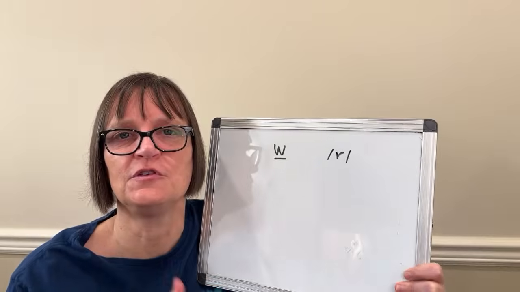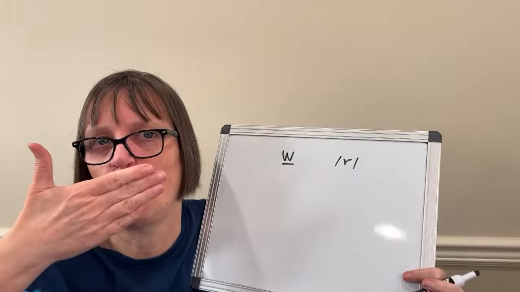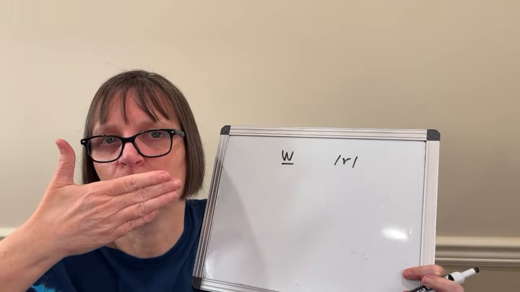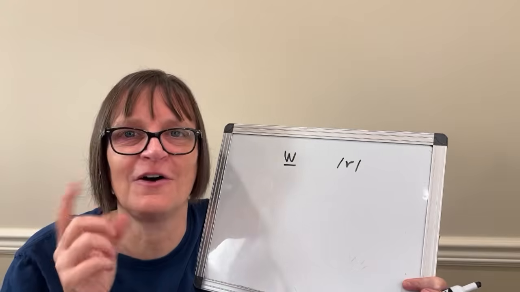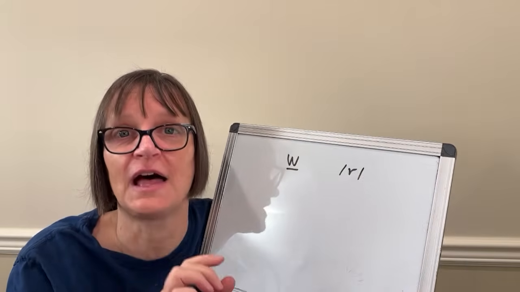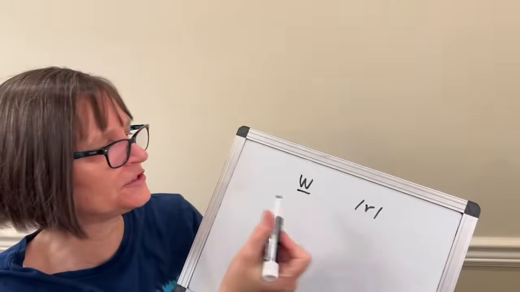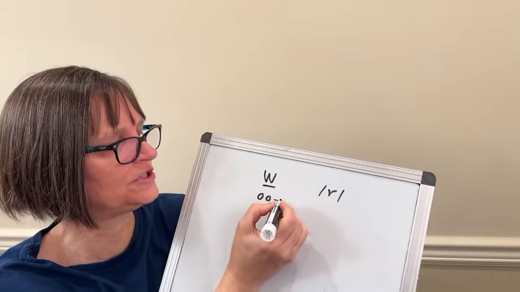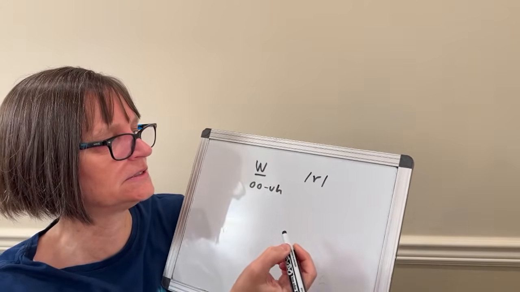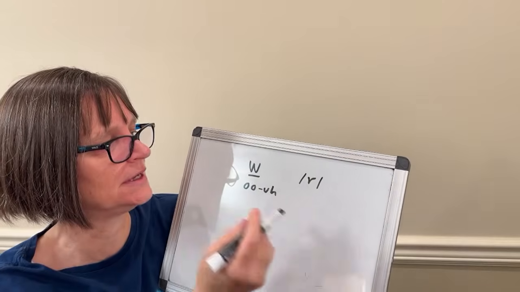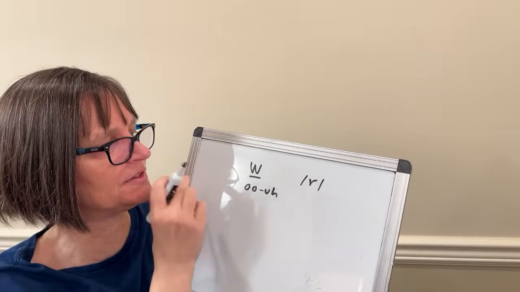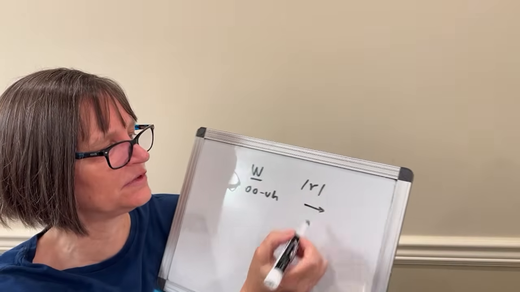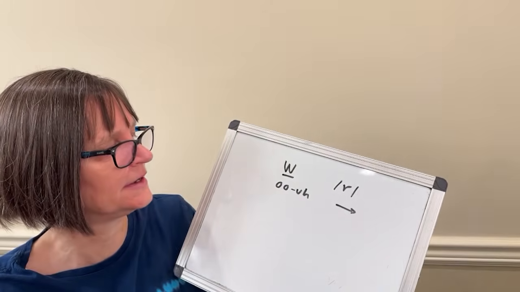So if you couldn't see my mouth, W, R, W, R, you can hear how they both are gliding sounds. So when I'm doing the W, I'm doing kind of an "oo" to glide. R is a continuing sound. It doesn't really glide or connect anywhere.